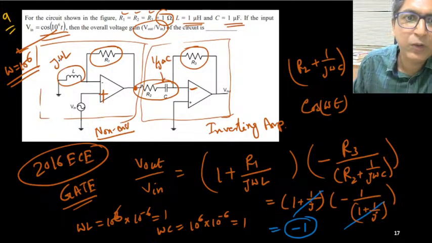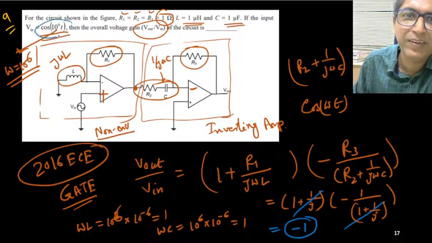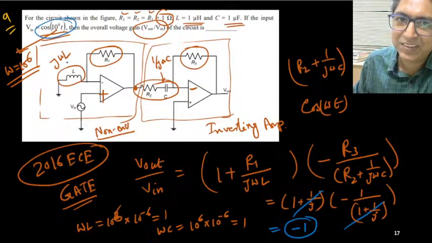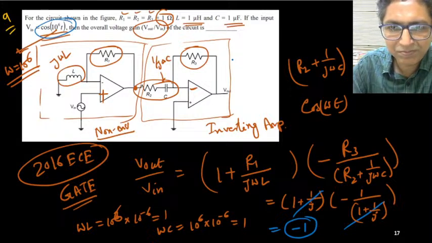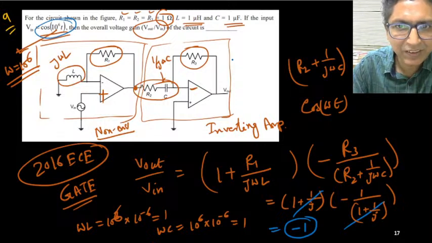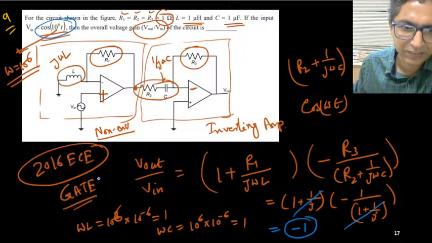So at 10 to the power 6 radian per second, that kind of signal is given. In that case, this system will offer a gain of minus 1. That's all. So it is not that difficult. Just identify the blocks, then easily you can solve it.